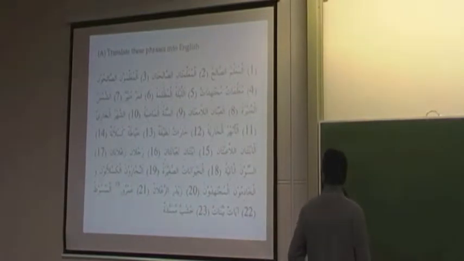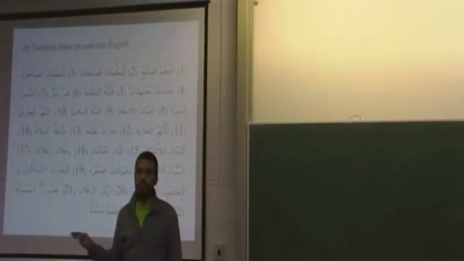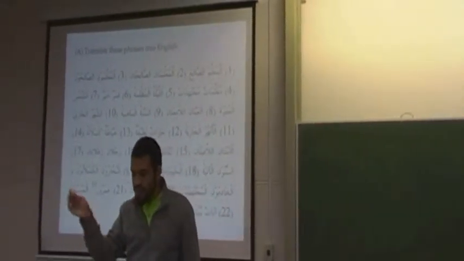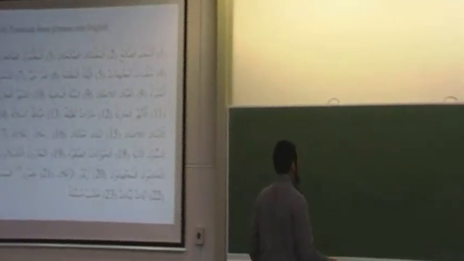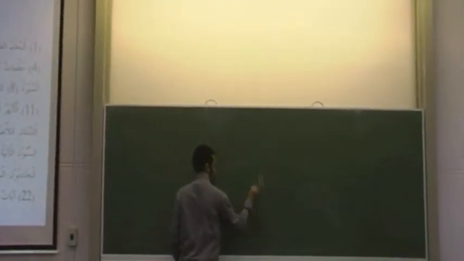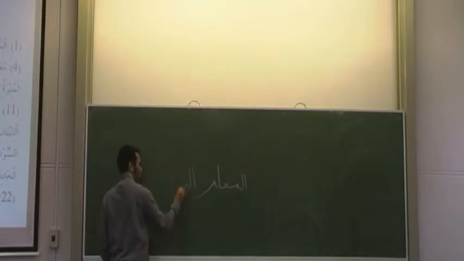Okay. Now, the first one, I want to work with a few examples from here and talk about the translations, and then I want to do the reverse, inshallah. Al-muallimu as-salihu. Right, so there's our first word. Everybody with me?